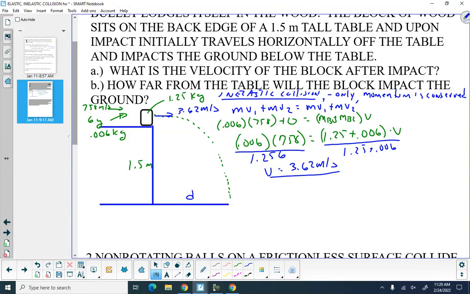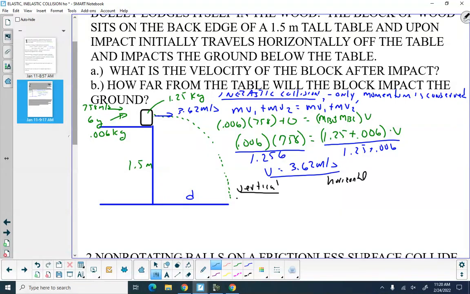What we now have is trajectory motion, so we have vertical and horizontal.